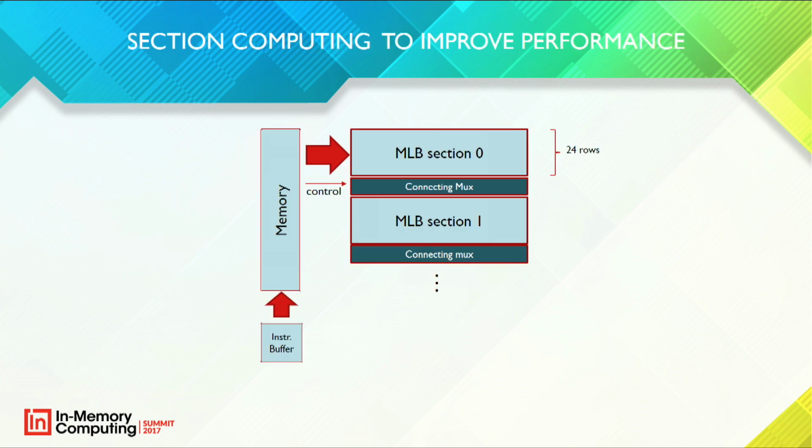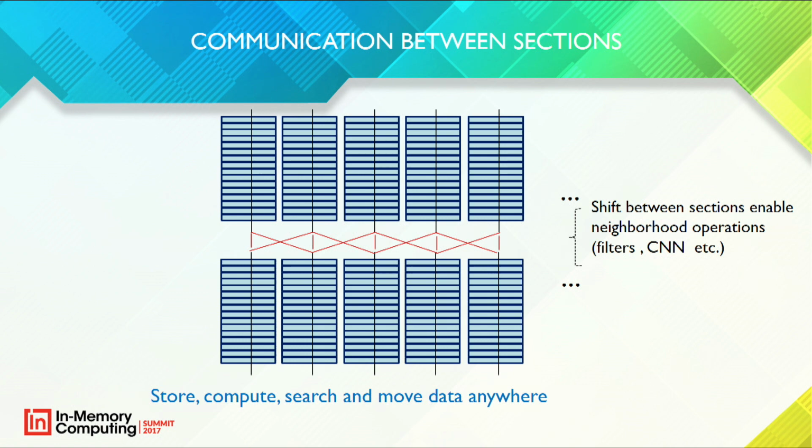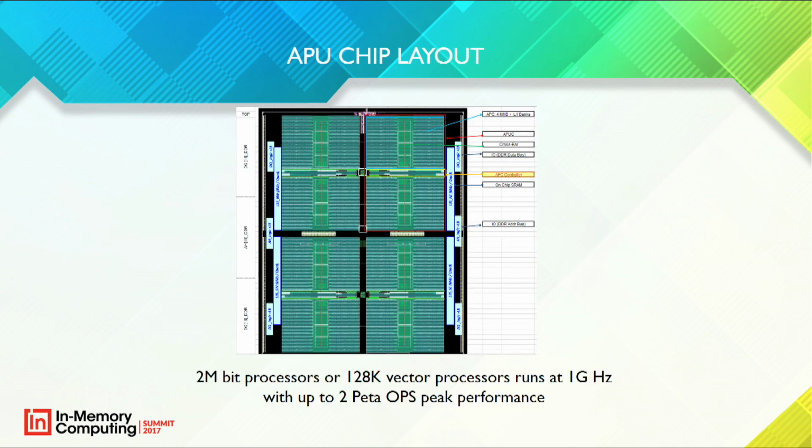The architecture is based on many sections of bit lines, where every section can do all this NOR operation, with some communication between them. This is the layout of the chip. If you look at the layout of, for example, a GPU or standard processor, you can see many blocks called floating point block, arithmetic block, and so on. Here, all is memory.